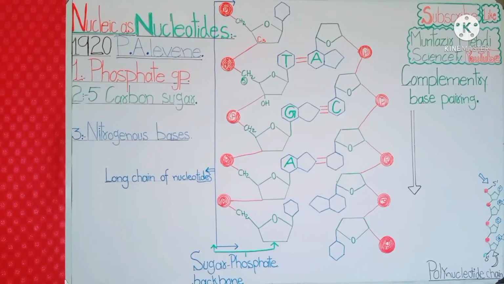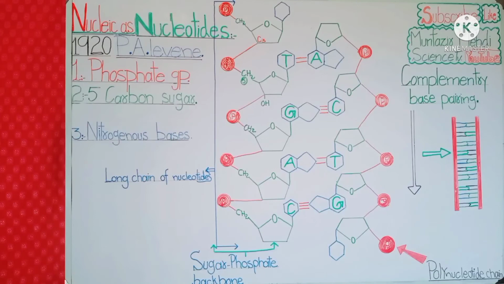Adenine forms two hydrogen bonds with thymine, and thymine also forms two hydrogen bonds with adenine. Similarly, guanine always forms three hydrogen bonds only with cytosine, and vice versa. Now this is the basic structure of the DNA molecule, and you can compare this with the step ladder structure of DNA.